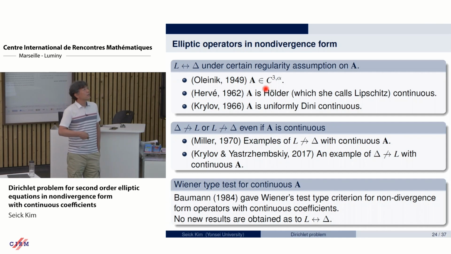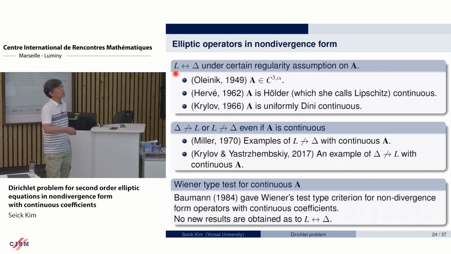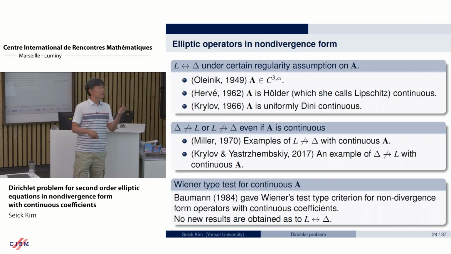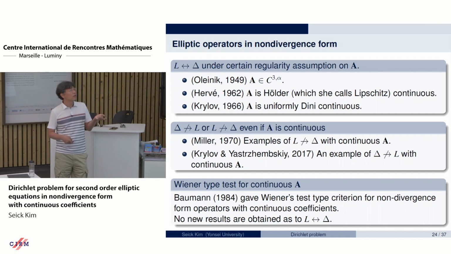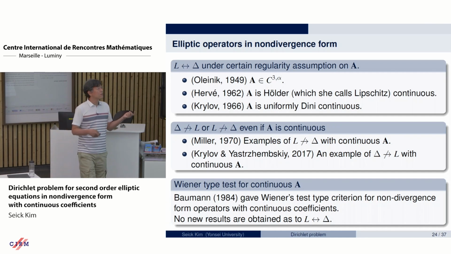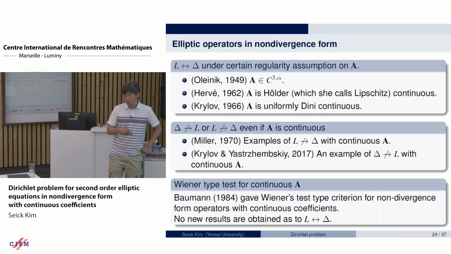She proved it under the assumption that A is Lipschitz, but I haven't checked; according to Kirchhoff, she actually assumed A is Hölder continuous. Then you have equivalence. Later Kirchhoff reduced this kind of assumption to just A being uniformly Dini continuous, and then you have equivalence of the regular points.